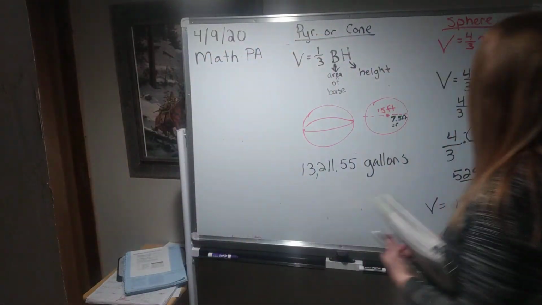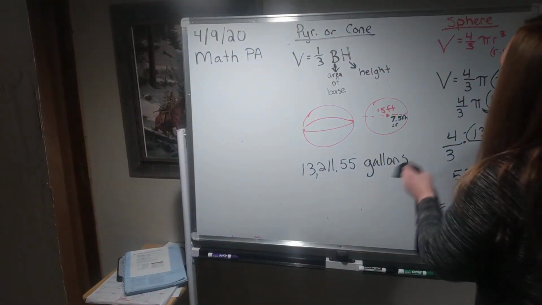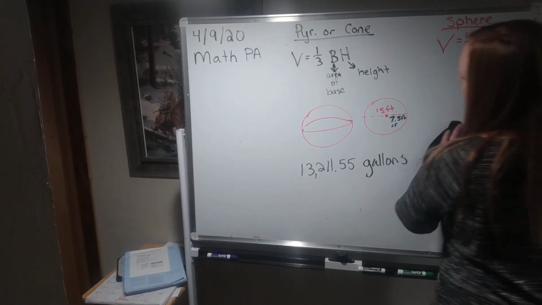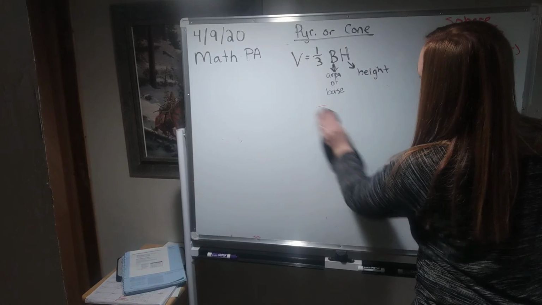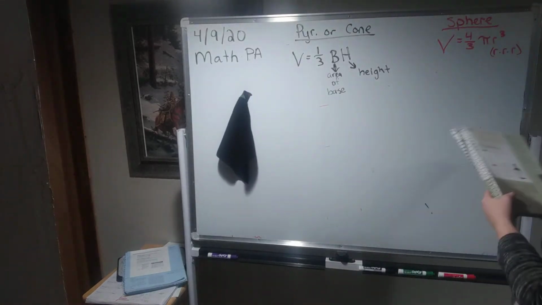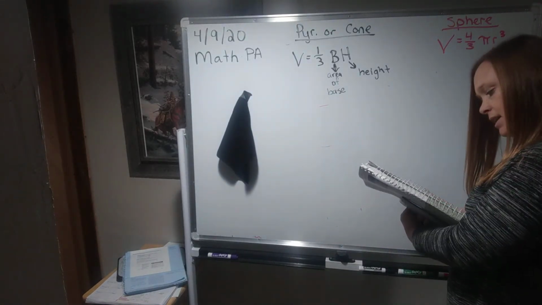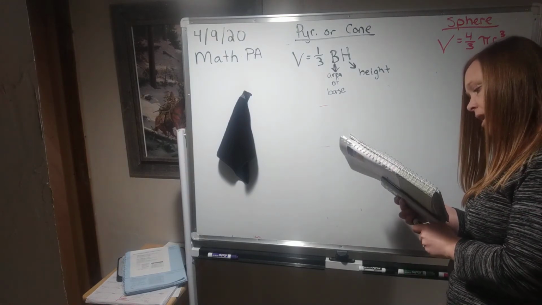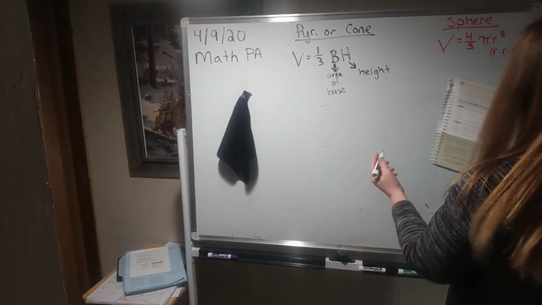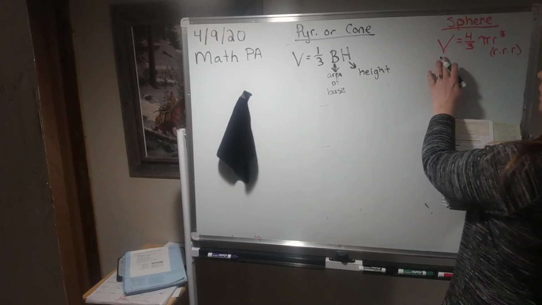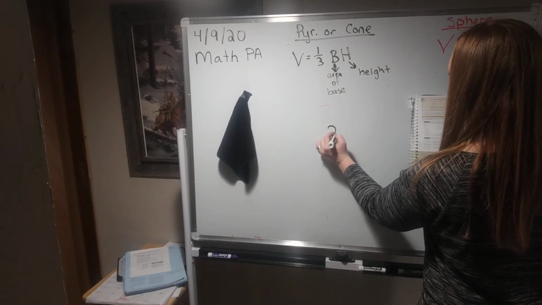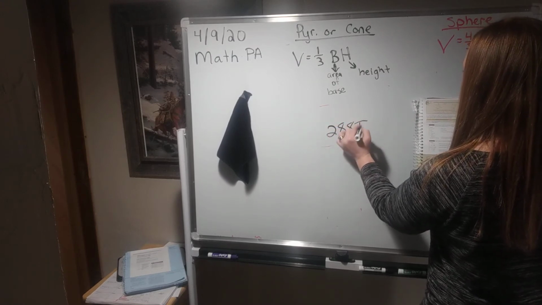Okay, example 4. Find the radius of a sphere with a volume of 288 pi meters cubed. We know our volume equals 288 pi.